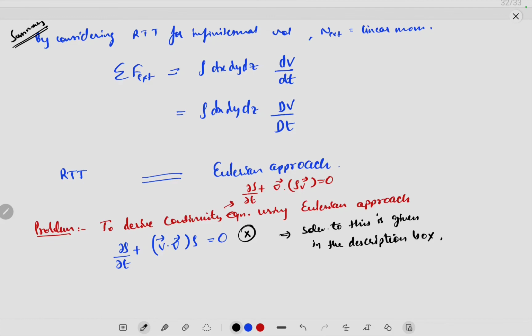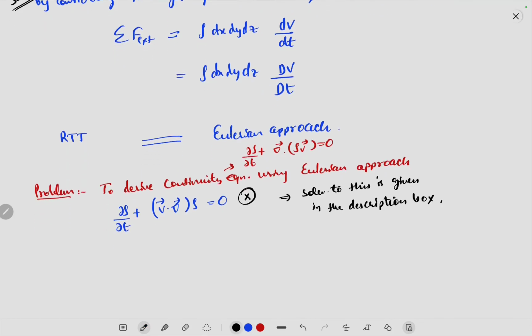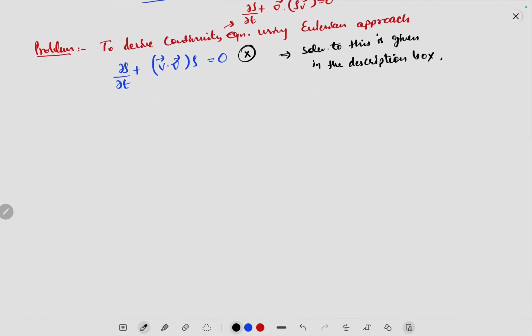In the next lecture we will derive the most popular equation in fluid mechanics, known as the Navier-Stokes equations.